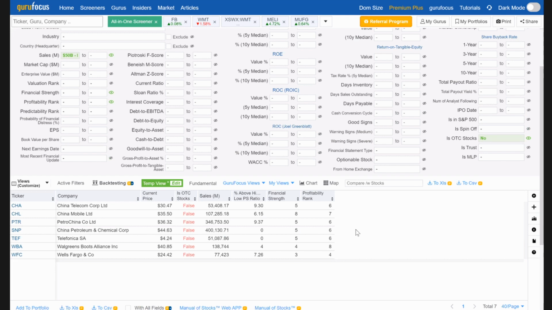PS doesn't work really well. PE does not work well either. For oil companies, none of them work well. PB maybe works well. You need to distinguish which ratio works well for what type of company. And you cannot just apply PE everywhere, PS everywhere.